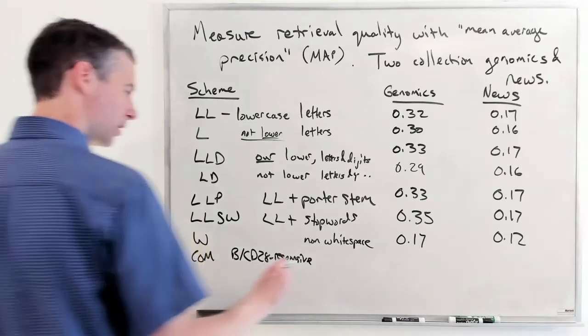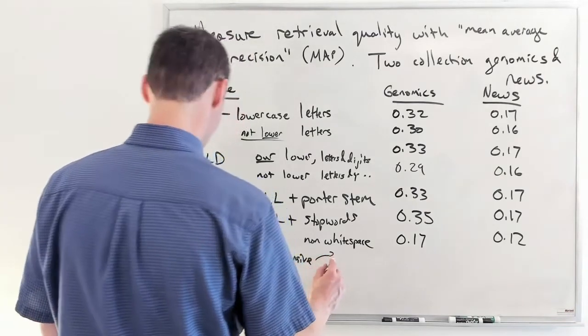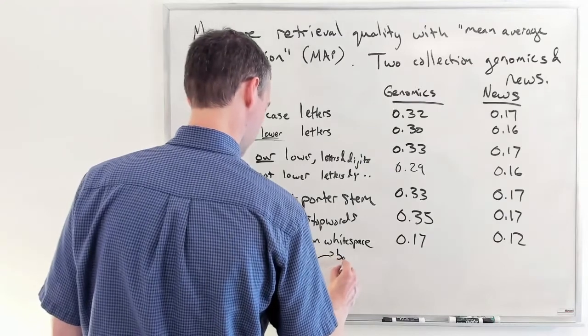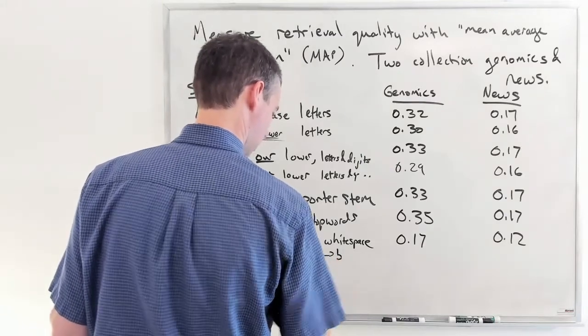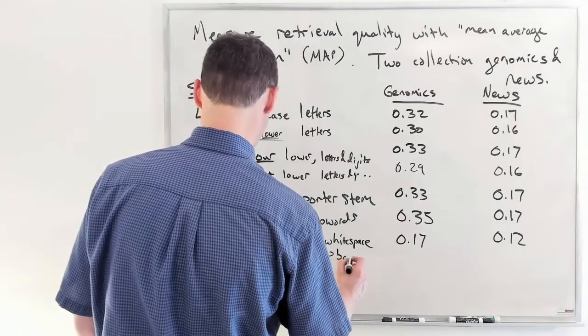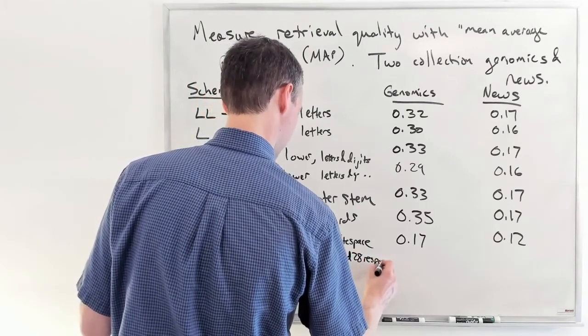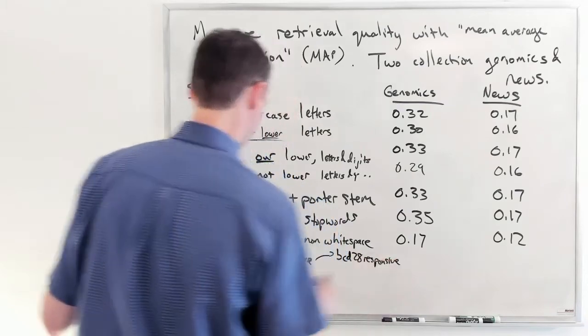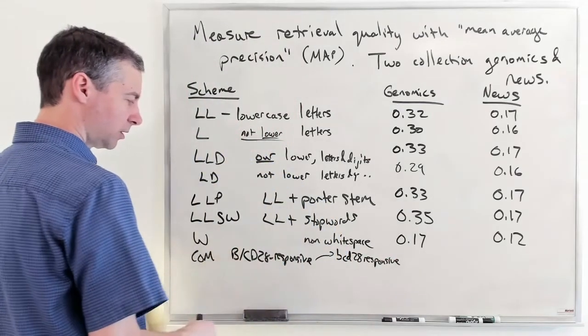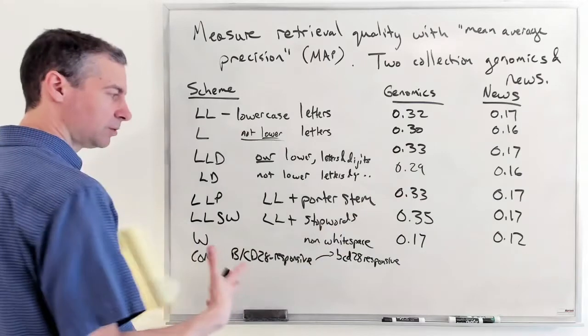What they do is that this gets turned into one token that gets produced is the BCD28 responsive. It basically throws out all of the non-alphanumerics and glues that together.